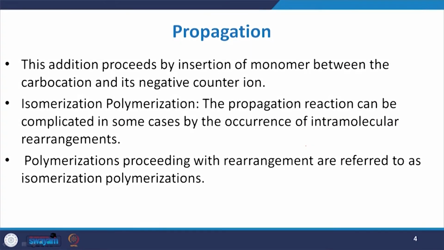If we talk about this addition process, usually it is by the insertion of monomer between the carbocation and its negative counter ion, as discussed in the previous reaction. Now, sometimes isomerization polymerization needs to be addressed.